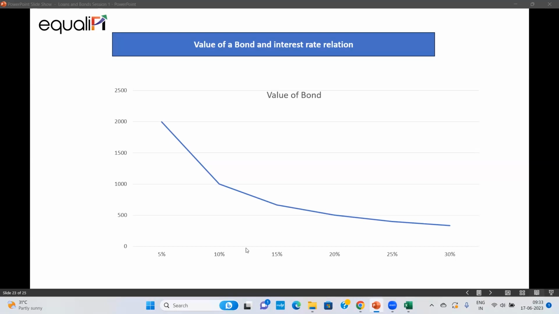Okay. Any example of any particular bond which you have observed or studied? Any particular bond you have studied?